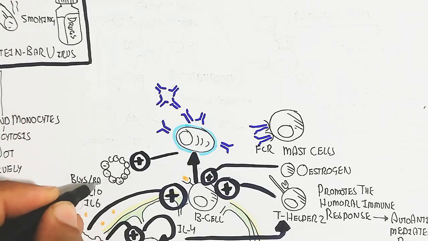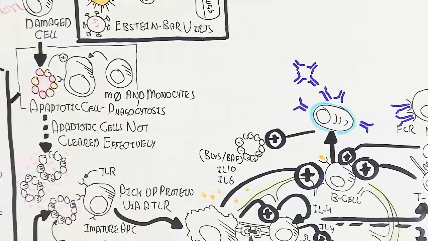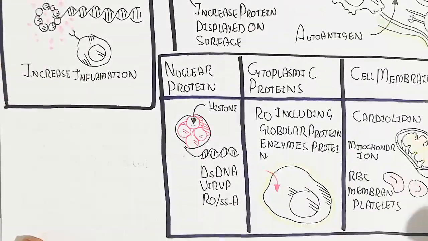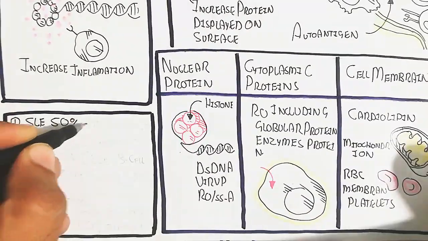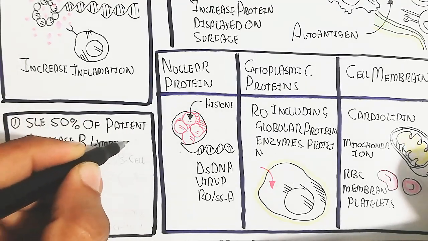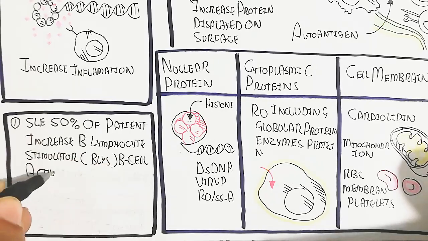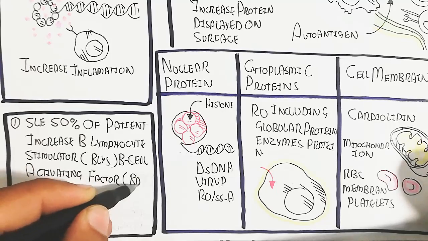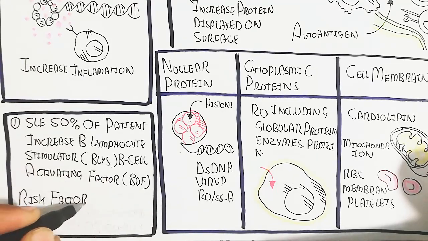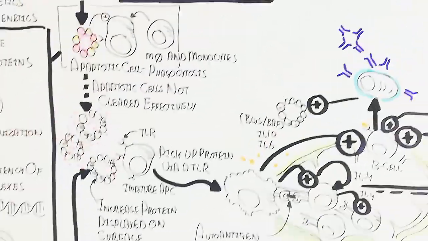Here you can see BLyS and BAFF, which means B lymphocyte stimulator and B cell activating factor, are increased. In SLE, 50% of patients have increased B lymphocyte stimulator and B cell activating factor, which is basically the risk factor. It is 20 times more common in female than male, at 15 to 40 years of age.